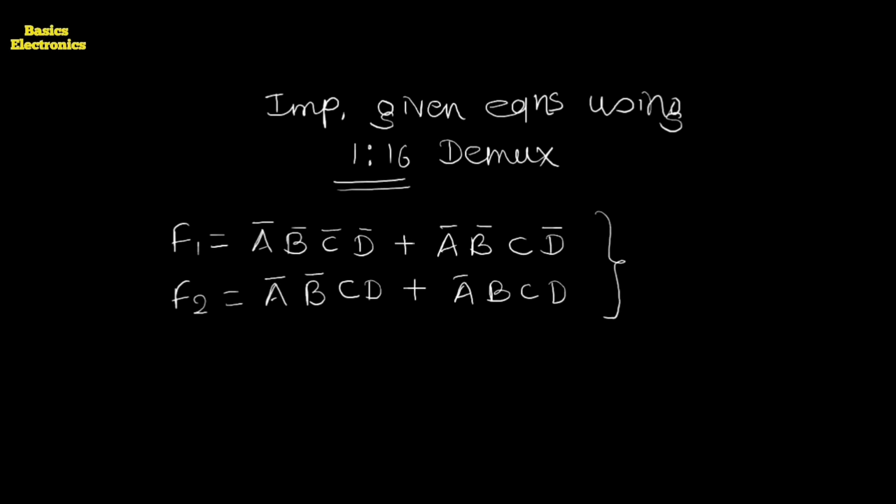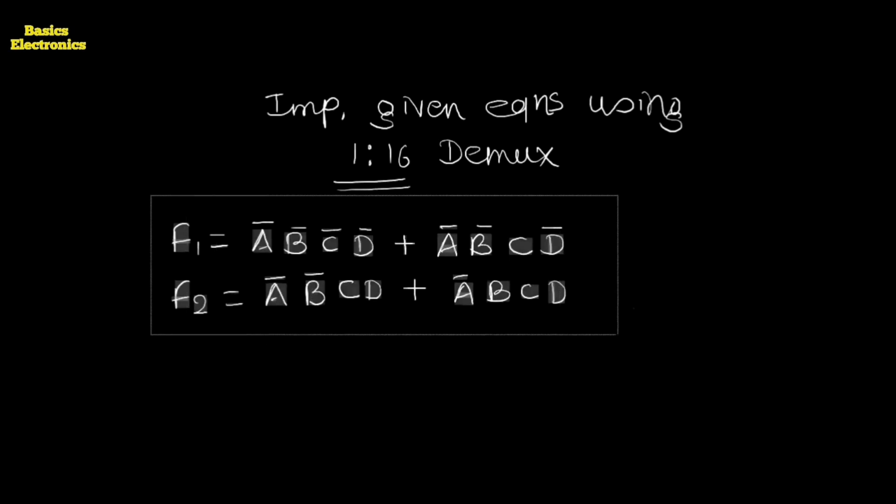Now, if in the same question it is only given to implement the following logical equation, then how can we identify what type of demultiplexer or what type of decoder we require to use? Here A, B, C, D are nothing but the select lines. Last time we saw that a demultiplexer is nothing but a decoder.